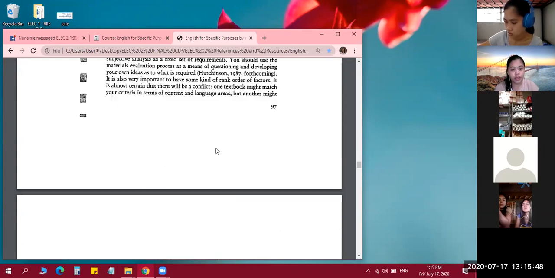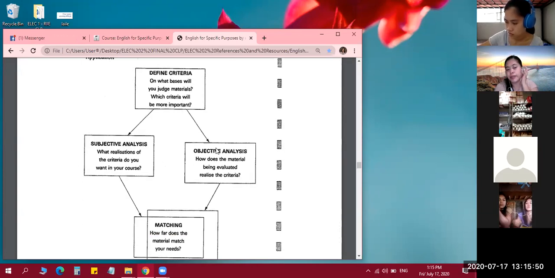So the second and third steps actually come hand in hand. This is A, for those who are asking what is A in the question: subjective analysis. This is where you answer the questions in a subjective manner, based on your opinion, based on what you know.